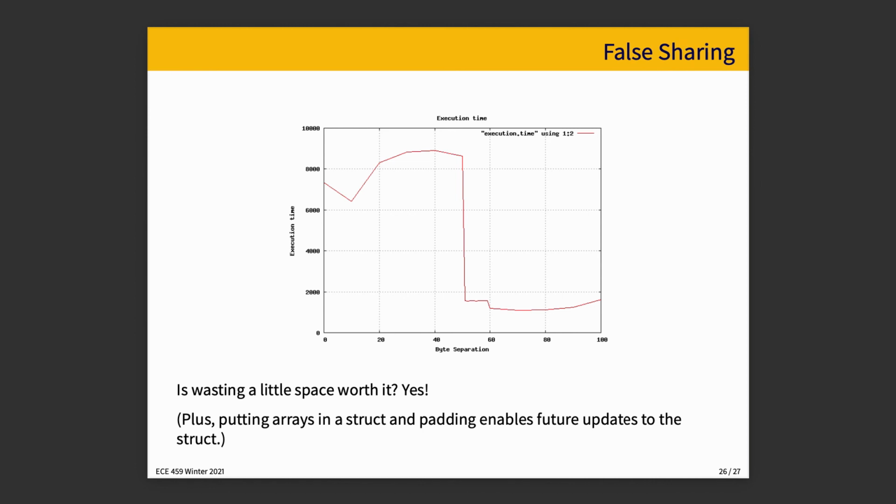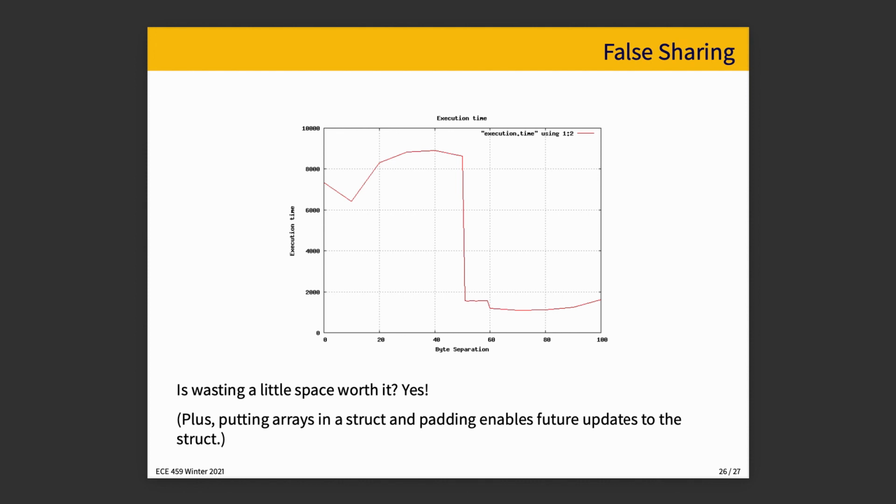In which case, I think you would agree that wasting a little space is worth it. We wasted 50 bytes, nothing to write home about. It's not a huge, absurd amount of memory. However, it decreases the execution time of our sample program because we have a lot fewer invalidations of array B when the change was actually to array A, and vice versa.